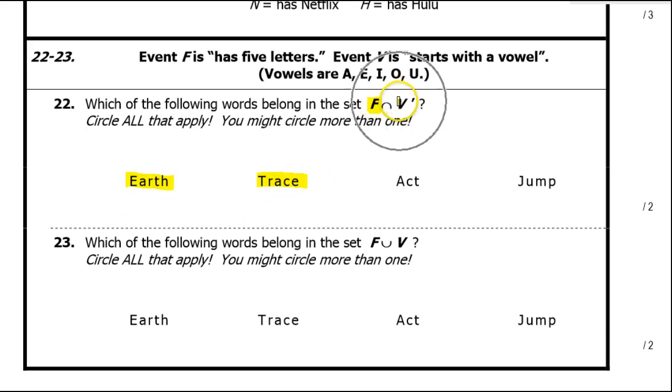They have to be not V. I have to make sure that anything that is still highlighted after I narrow it down has to be not V. Well, V starts with a vowel. So that means it can't start with a vowel. It has to be not V, not starting with a vowel.